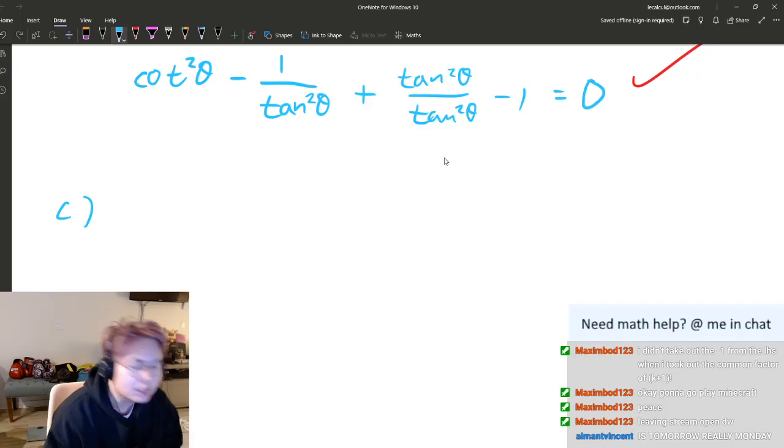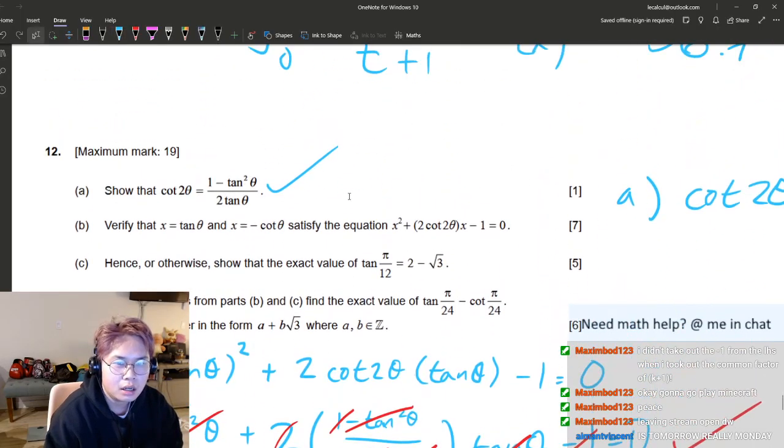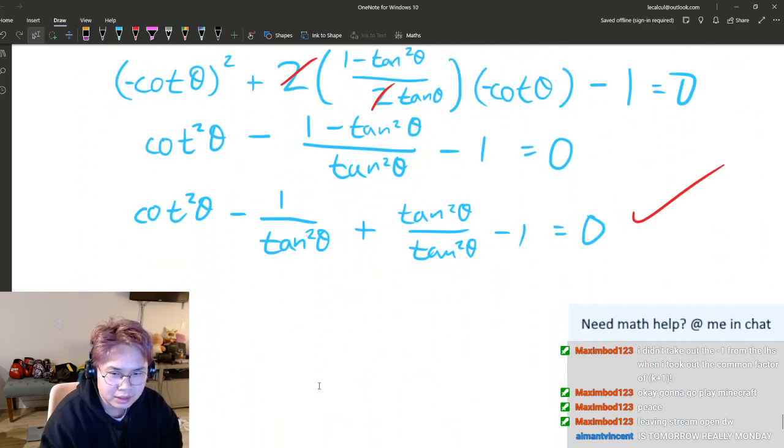Let's see, how can I use what I know? I want to use this. Let me use the original version.